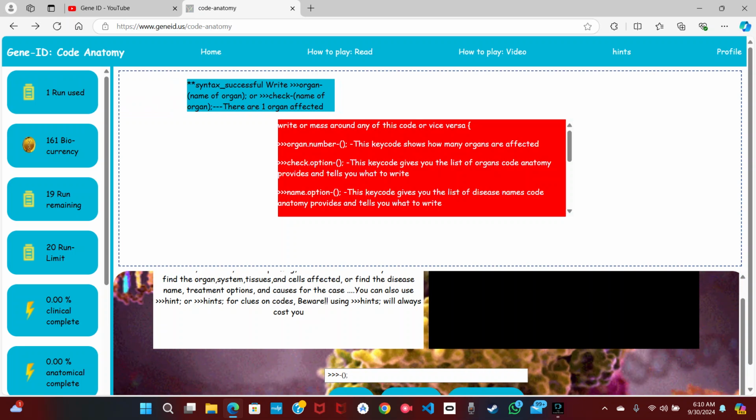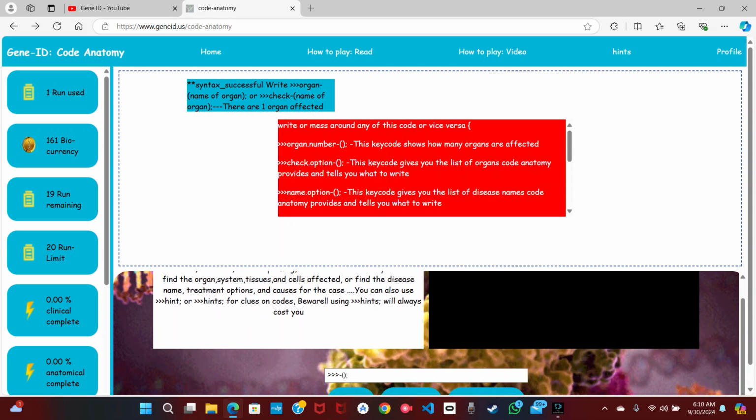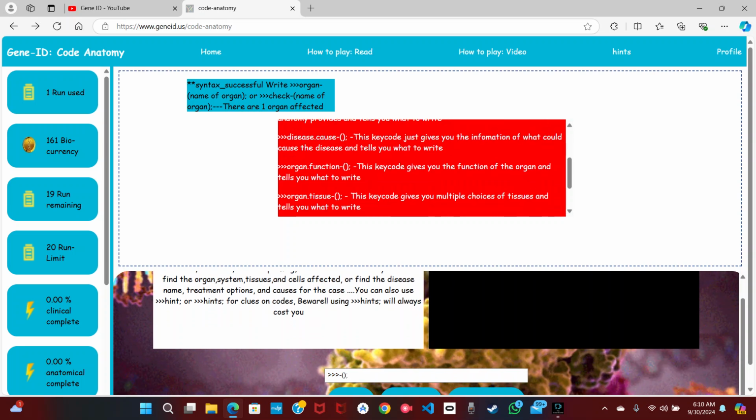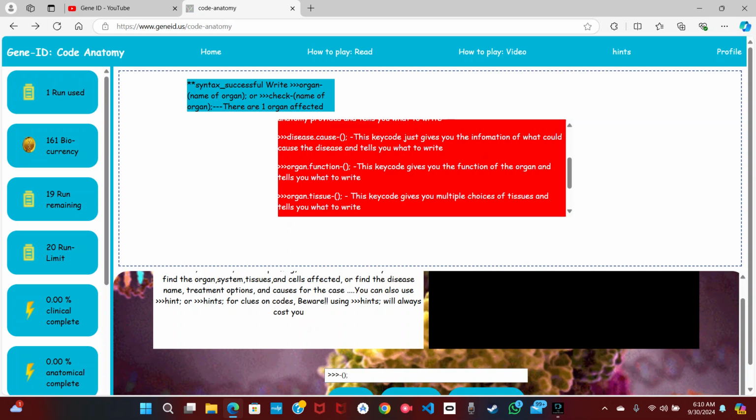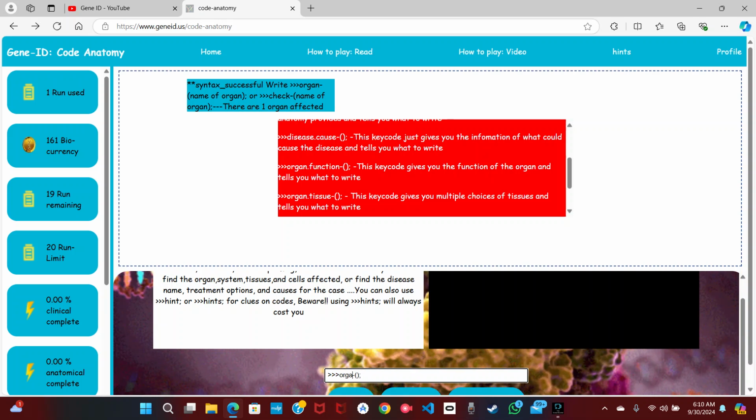Since one organ is affected, then what organ could that be? To be honest, I really do not know. However, maybe knowing the function of the organ could help me know what kind of organ it may be. So I will just go here, say organ dot function.